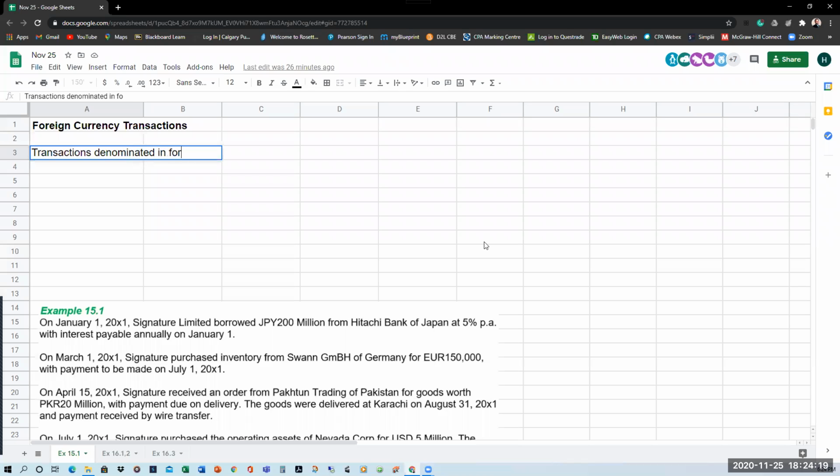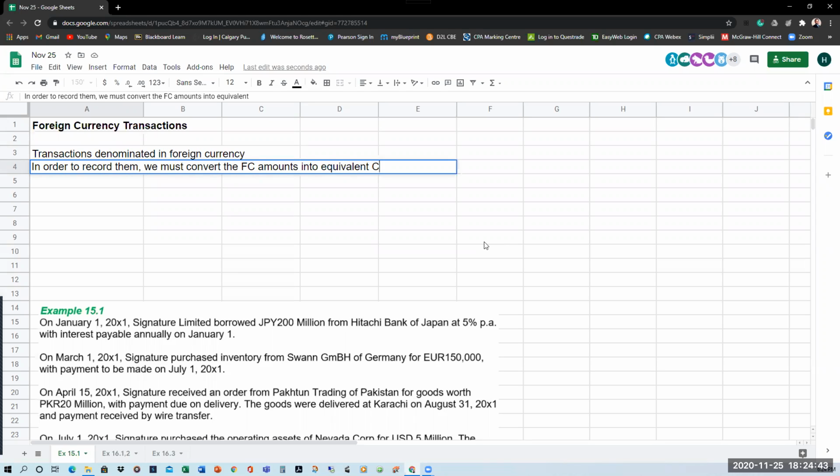in foreign currency. And that could be US dollars, euro, etc. So in order to record them, we must convert the foreign currency amounts into equivalent Canadian dollars.